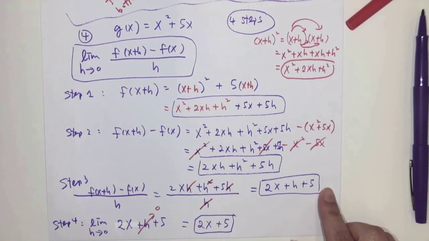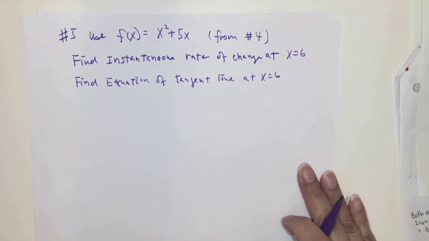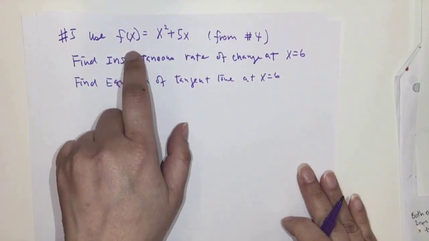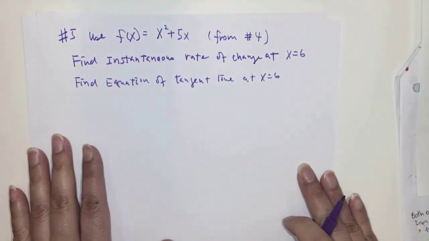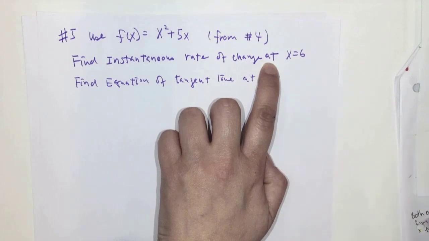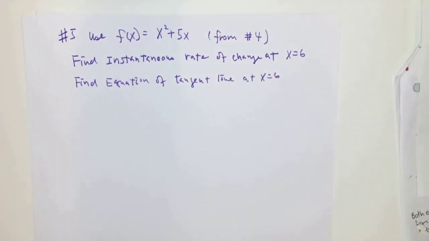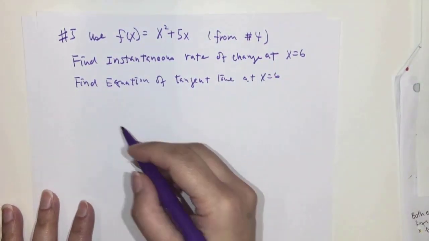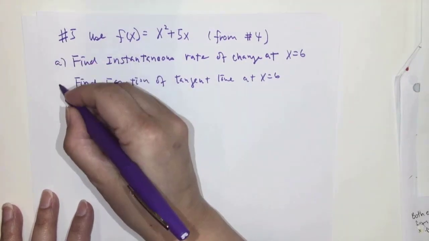Okay, number 5. In number 5, we are using the same function we found in number 4, and we want to find the instantaneous rate of change at x equal to 6. So instantaneous rate of change is like the slope of the tangent line. So this is parts a and b.